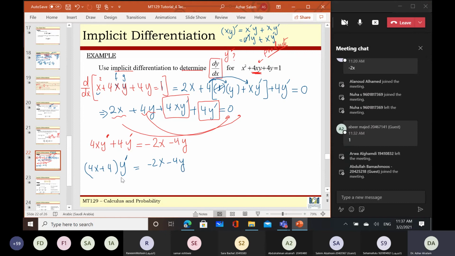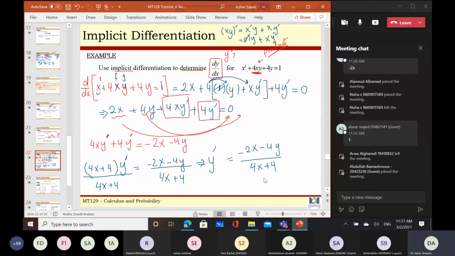Now it remains to have only y dash on this side, so I divide by its coefficient. I divide only by the coefficient of y dash to get y dash alone on one side: 4x plus 4, and also for this term, 4x plus 4. So here I already have y dash equals minus 2x minus 4y, divided by 4x plus 4.